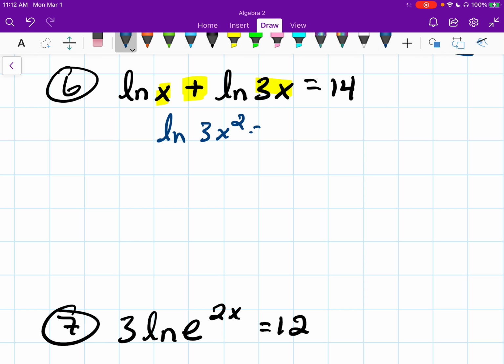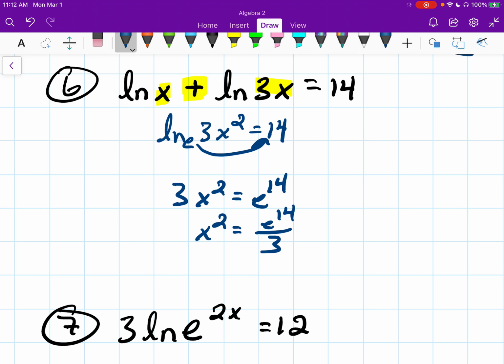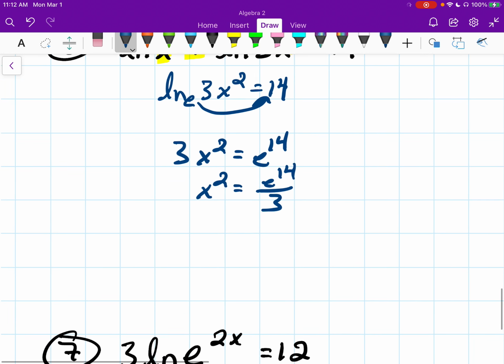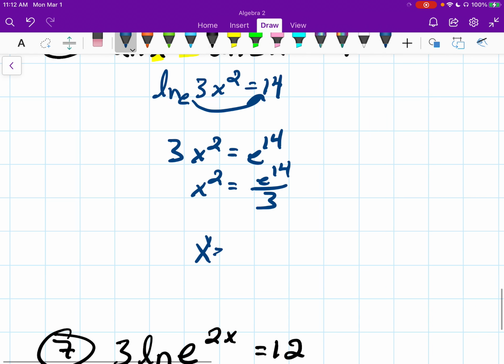Now I want to get rid of my natural log, so I'll move my e over here, into exponential form. So 3x squared will be e to the 14. So x squared will be e to the 14 over 3. And lastly, we have to take our root, so x will be plus or minus the root of e to the 14 over 3.